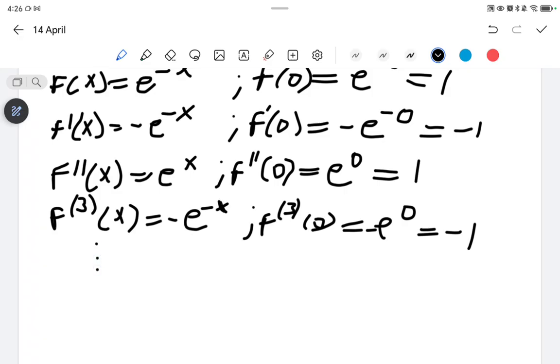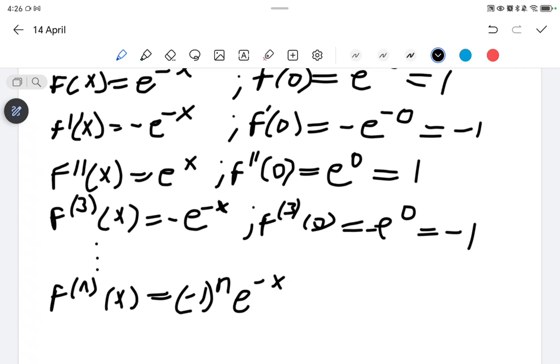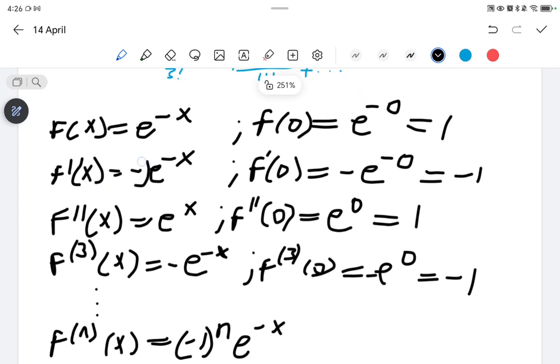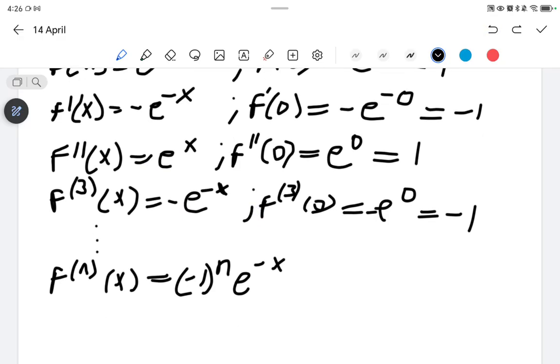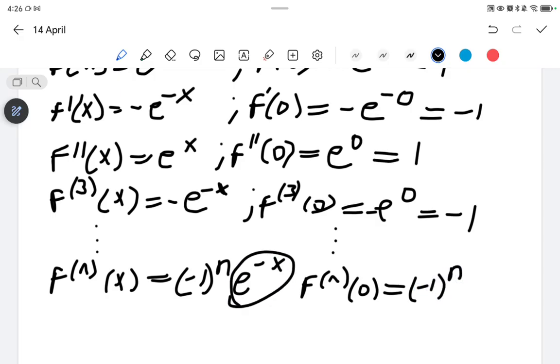This would occur up until we get to f to the n of x, which should be equal to minus 1 to the n e to the minus x. The reason why I have minus 1 to the n is because you see this thing alternates. Positive, minus, positive, minus. So it means that f to the n of 0 would be equal to minus 1 to the n, because this one will always be 1.